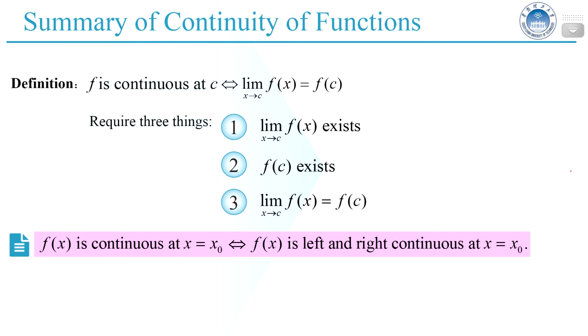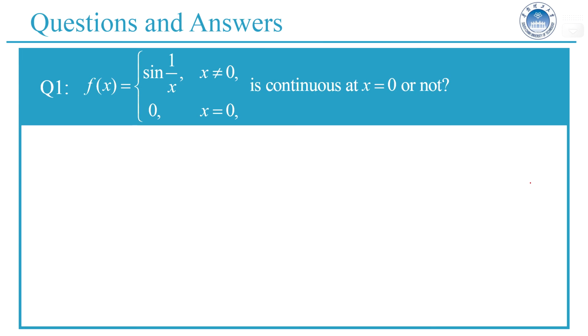Also, f is continuous at some given point if and only if f(x) is left continuous and right continuous at the given point. Using this property, try to determine whether f(x) is continuous at some given point.